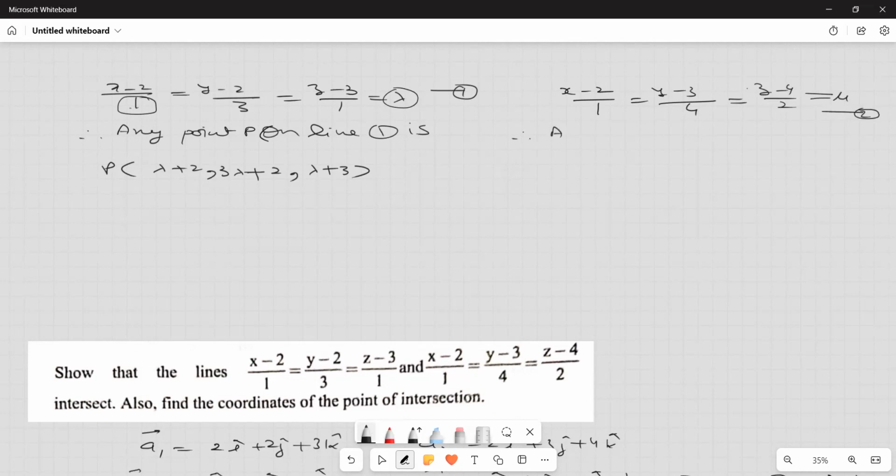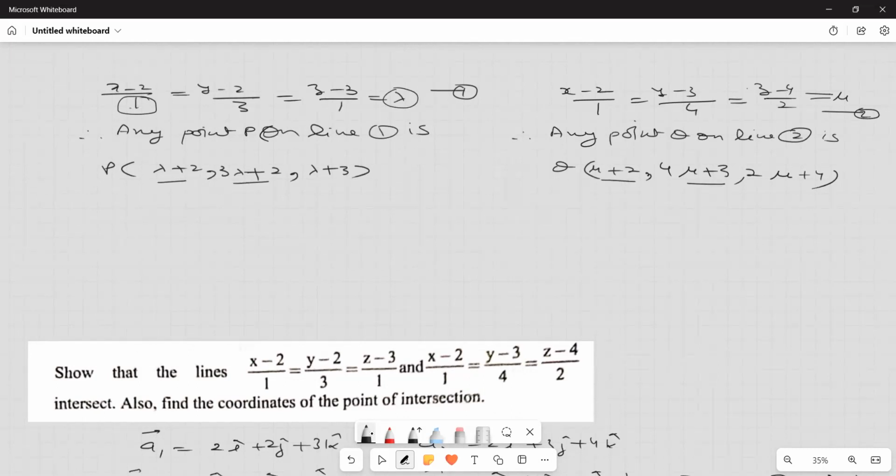Therefore, any point Q on line 2 is Q point mu plus 2, 4 mu plus 3 and 2 mu plus 4, right? This is any point Q. Now for finding the point of intersection as well as whether they intersect, we will solve these 2 points, x coordinate of both and y coordinate of both.